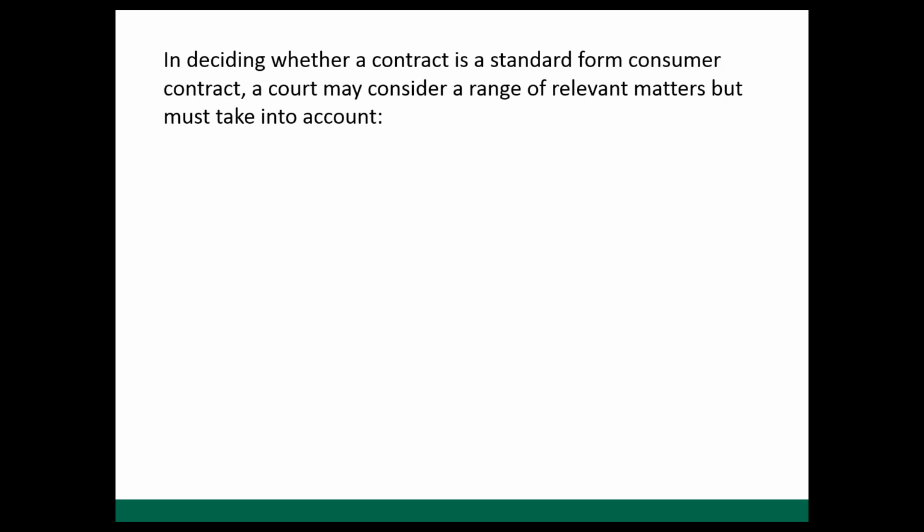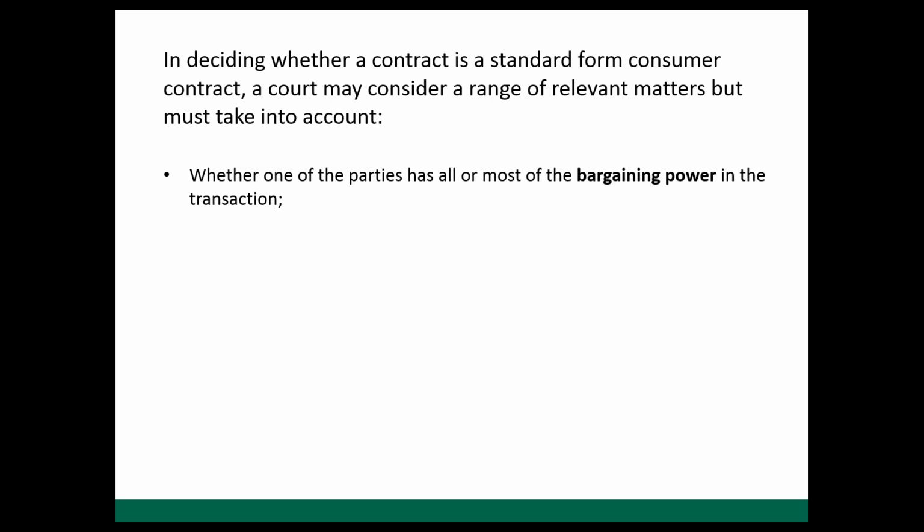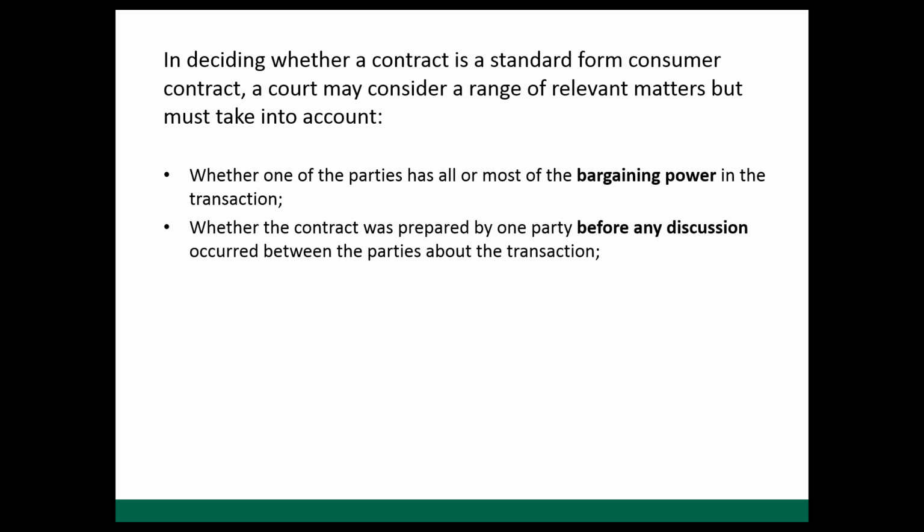In deciding whether a term in a standard form consumer contract is unfair, the court may consider a range of relevant matters, but they must take into account a whole list of things here. I'll just go through them quickly and point out the key words. They look at the bargaining power.